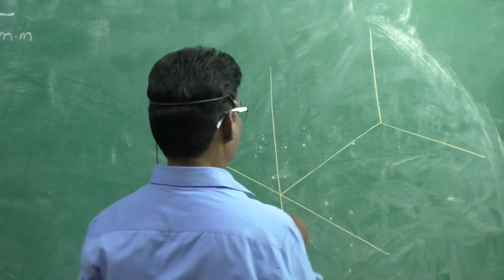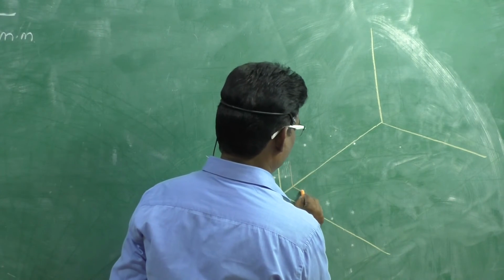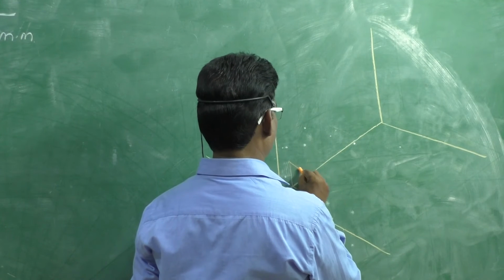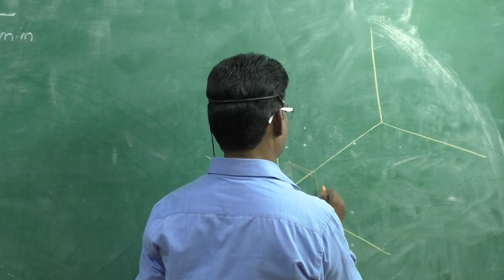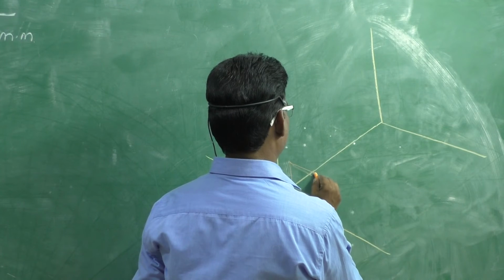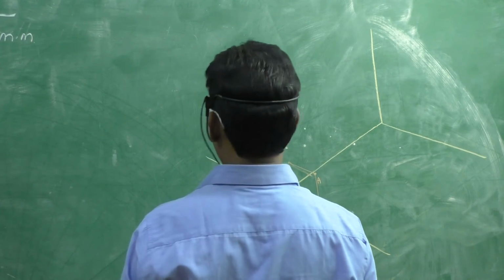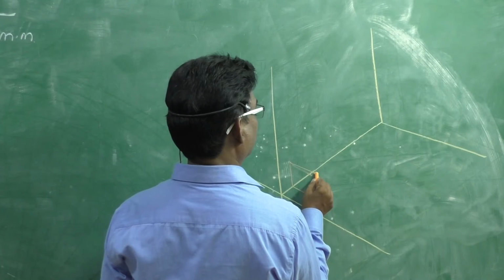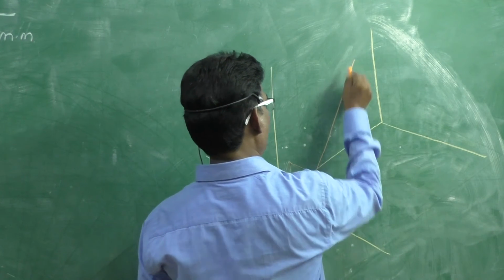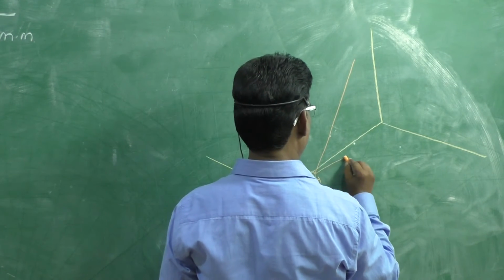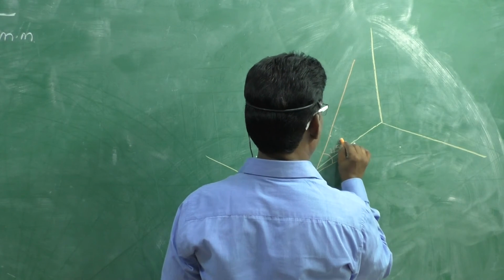It is 10 mm above HP and 10 mm in front of VP. Okay, therefore this is the position. This is the lower end position. This is A. And it makes an angle of 45 degrees with the horizontal plane. Okay, this angle is equal to 45 degrees.